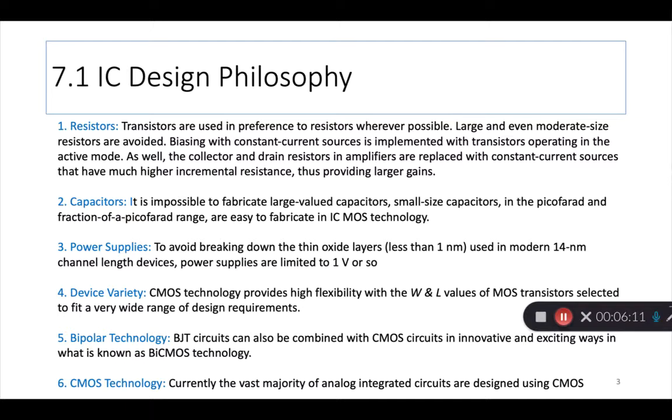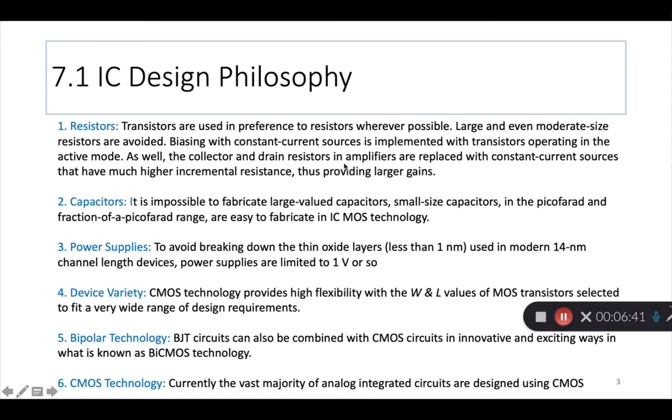With a discrete circuit, you can take a transistor and have all kinds of resistors outside: high value, low value, 5% tolerance, 10% tolerance, whatever you like. But with ICs, it is difficult. So that's what item 1 says: transistors are used in preference to resistors wherever possible. That means instead of resistors, can we use another transistor?